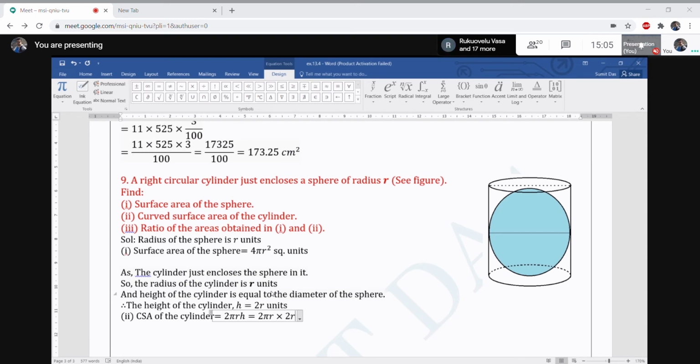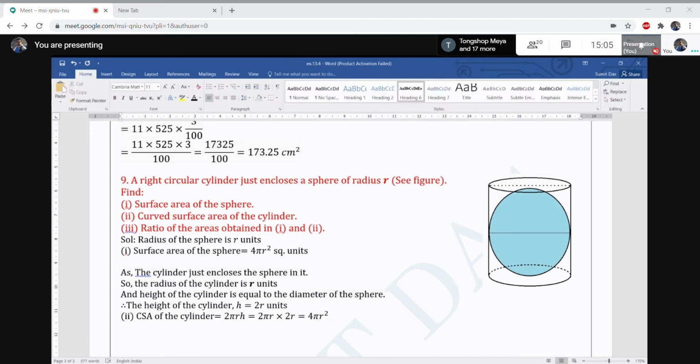If you simplify this one, it will be 4 pi r square. Oh, it came same. Oh, that's nice. It's also same. Square unit.